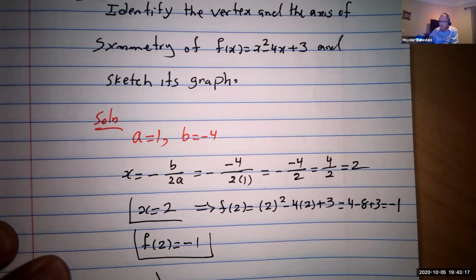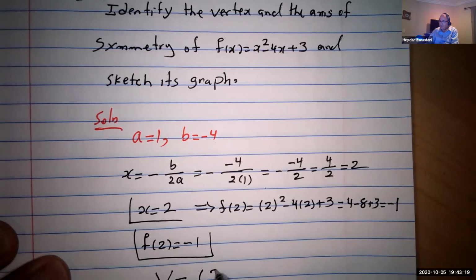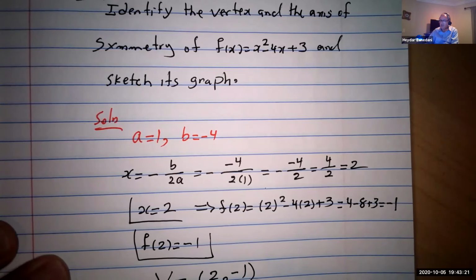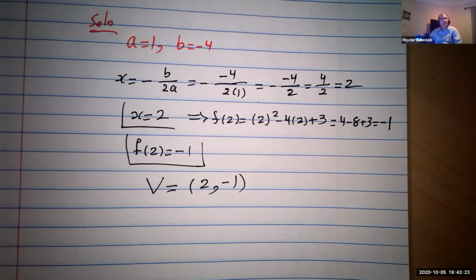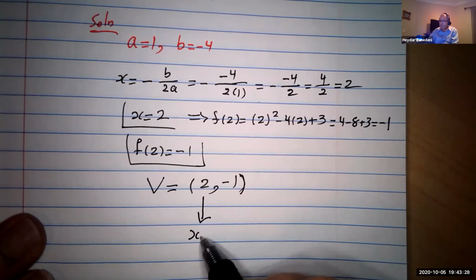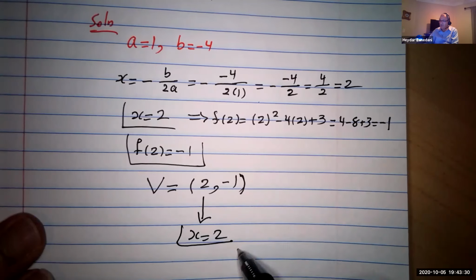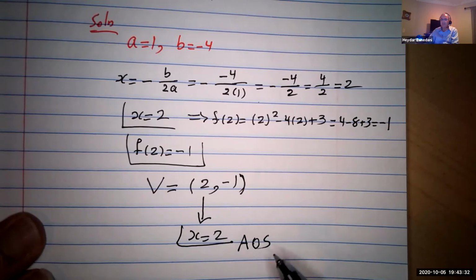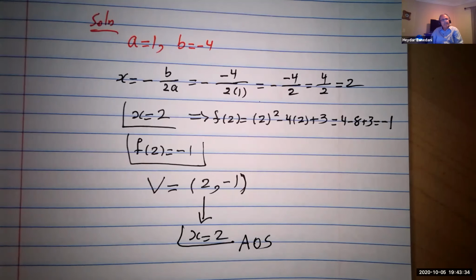You know that the vertex has x coordinate 2 and y coordinate negative 1: 2 and negative 1. Axis of symmetry: x equals 2. That gives you the axis of symmetry. Any question? So that's the main part.